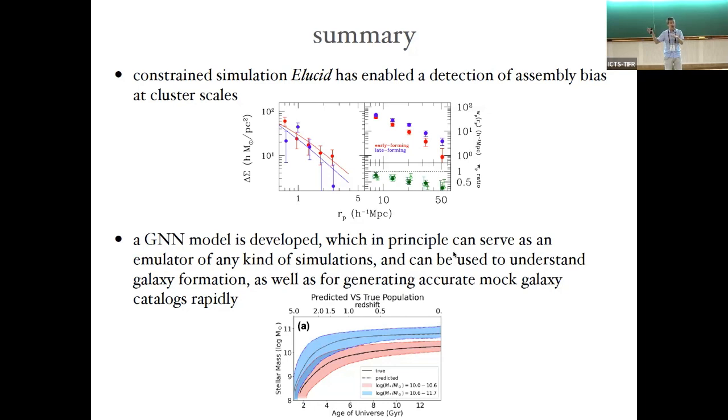So I think you can only trust the structures in ELUCID that are larger than 2 megaparsecs. I'm not sure this can be applied at the individual galaxy level, so studying bulk flow may not be feasible.